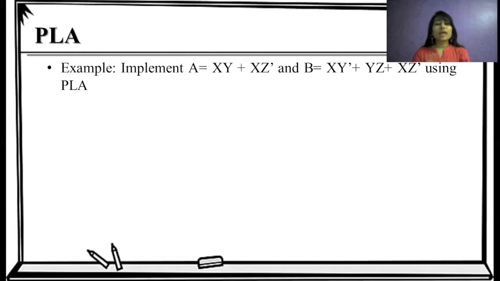So F1 and F2, or A and B, can share a common term. In PAL, we cannot share the same common terms, but in this PLA structure, we can share a common min term.